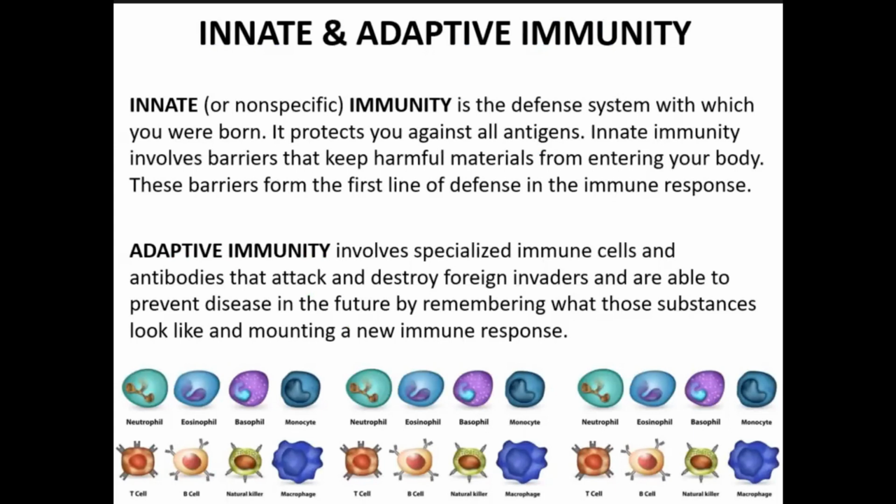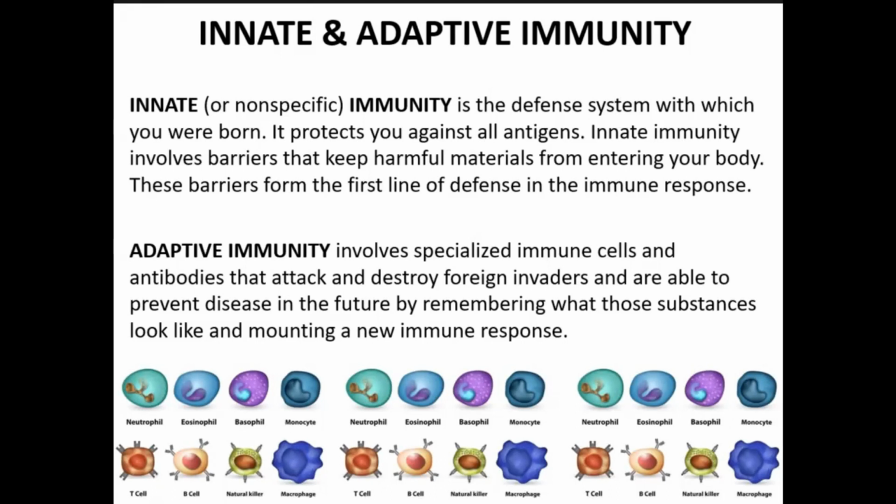Right, a little bit about our immunity. We have two forms of immunity, the innate or non-specific immunity, which is the defense system with which we were born. It protects us against all antigens, and innate immunity involves barriers that keep harmful materials from entering our body, and these barriers form the first line of defense in the immune response.